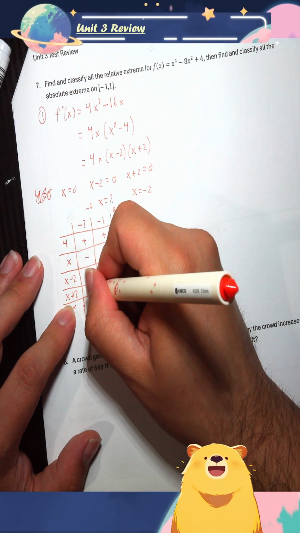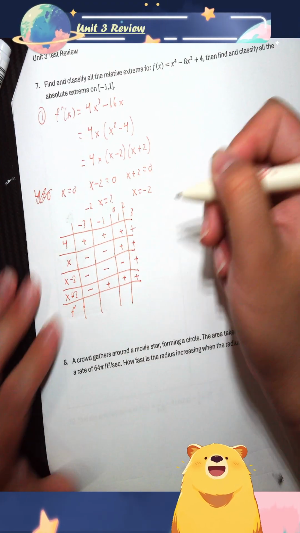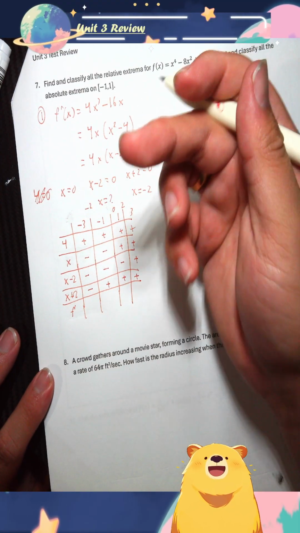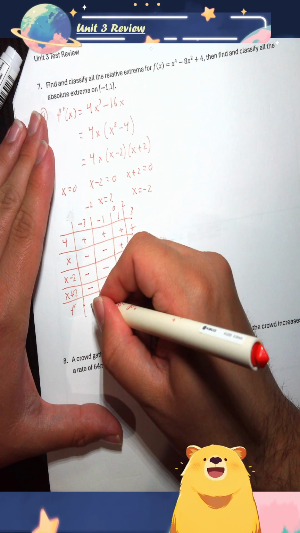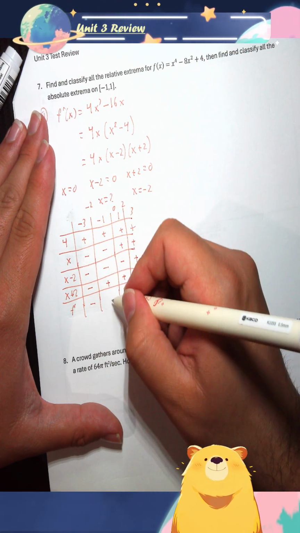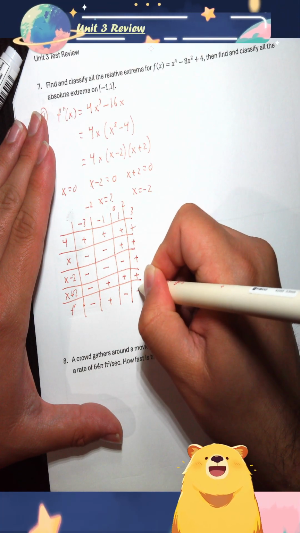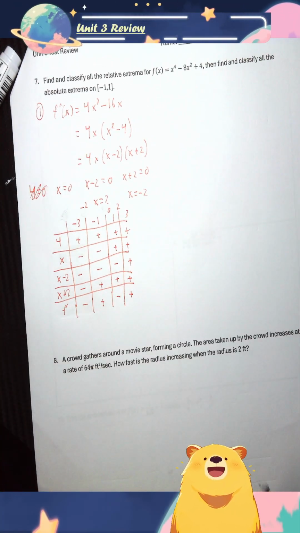X plus 2, that'll be negative here. That will be positive here, and then positive throughout. Okay? So then what's the whole sign? For here, it's going to be negative. For here, it's going to be positive. For here, it's going to be negative. And for here, it's going to be positive. So we can visualize this with a number line.